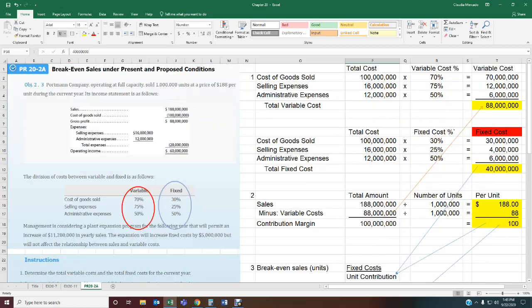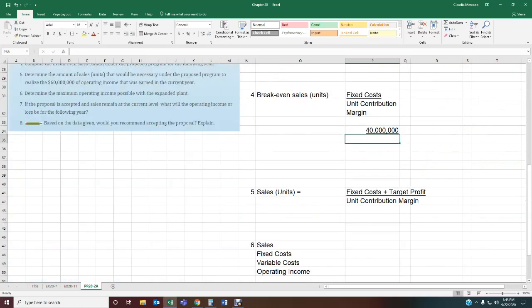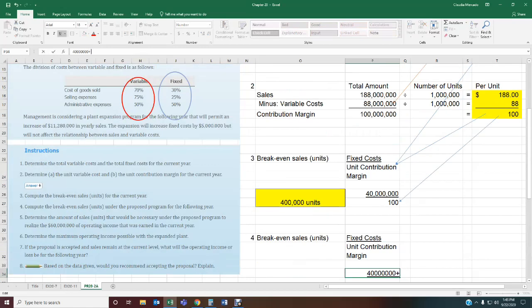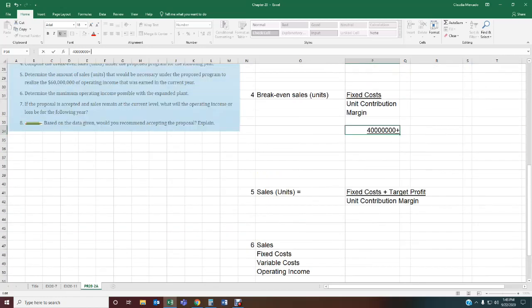My fixed costs were 40 million, but the proposal said, what's going to happen to my fixed cost? The expansion will increase fixed costs by $5 million. So we need to add those $5 million right there.